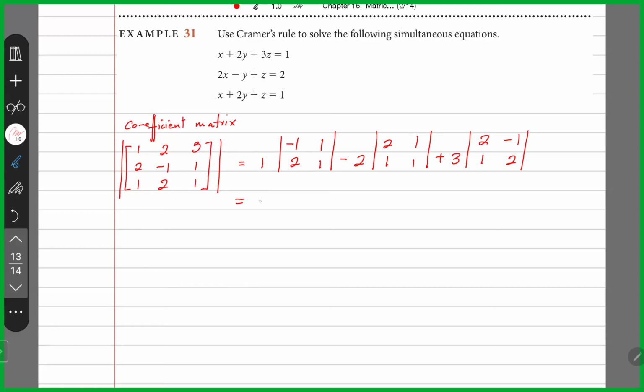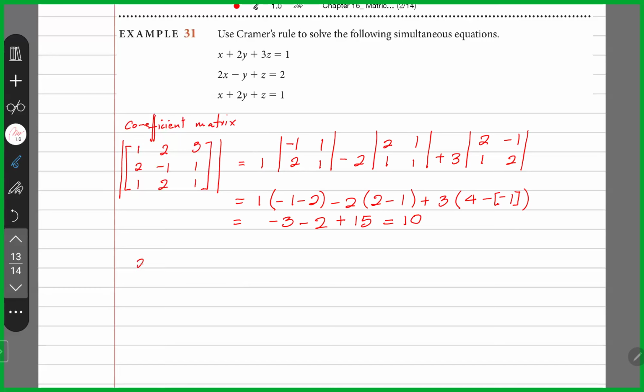All right, so this is going to be 1 times -1 minus 2, minus 2 times 2 minus 2, plus 3 times 4 plus 1. So this is -3, minus 0, plus 15. So the determinant of the coefficient matrix appears to be 10.